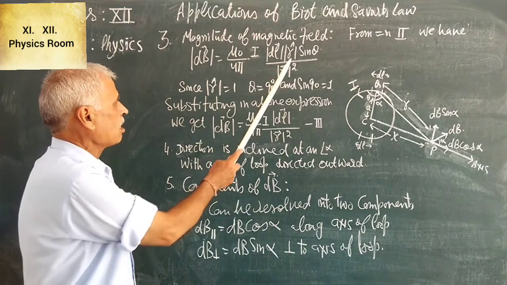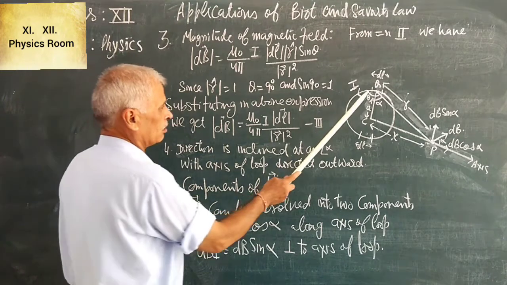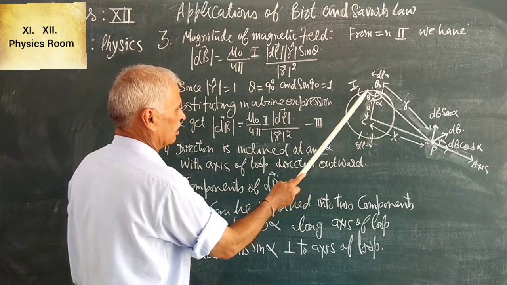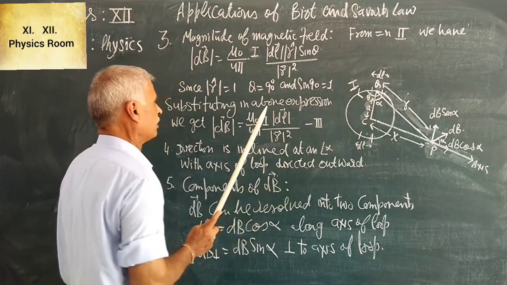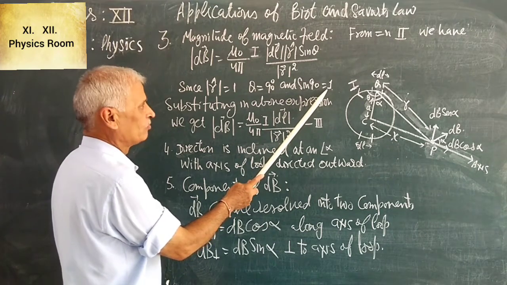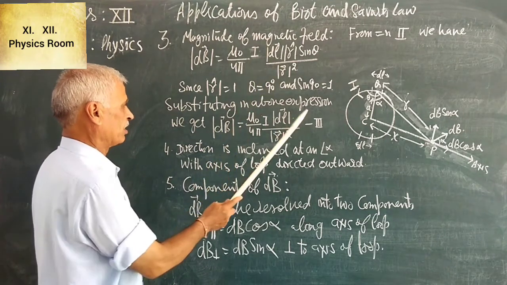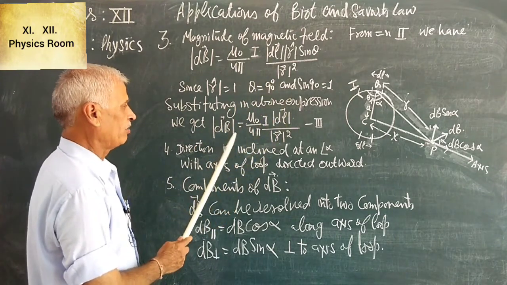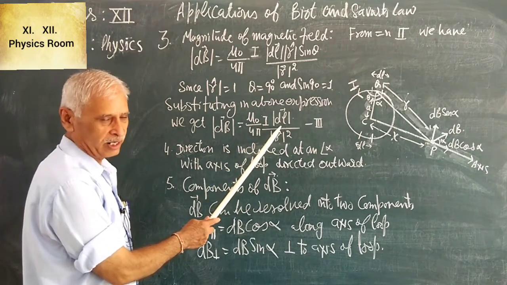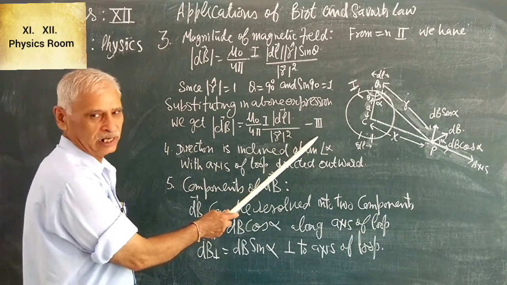Now since mod r cap is equal to 1 and theta is equal to 90 degrees, this angle between r and the circumference being 90 degrees, therefore sin 90 is also equal to 1. Substituting this value in the above expression, we get mod dB equal to mu 0 over 4 pi I mod dl divided by mod r square. Mark this as equation 3.